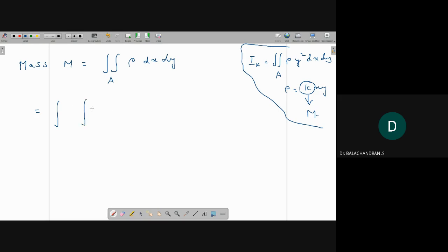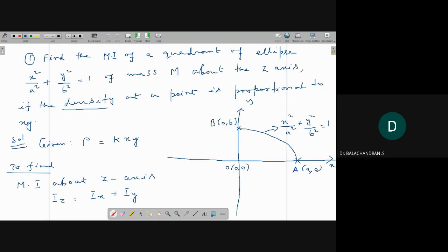So this is equal to double integral, rho is kxy, dx into dy. So x here, y here. x varies in this strip, parallel to x-axis. Here x is 0.